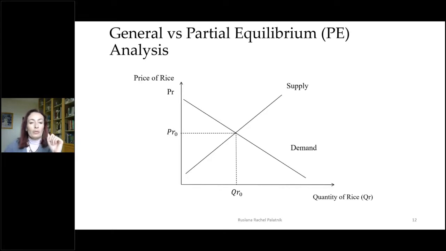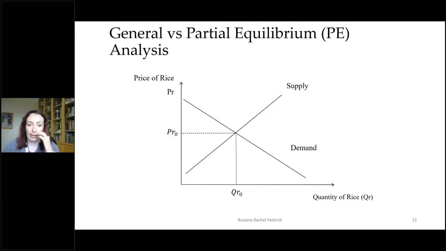So, if we analyze the basic representation of a market, let's say the market for rice, we have the quantity of rice on the x-axis and the price on the y-axis, right? The demand for rice declines as prices increase, and the supply is assumed to increase with the price. The initial equilibrium is set where demand meets supply.